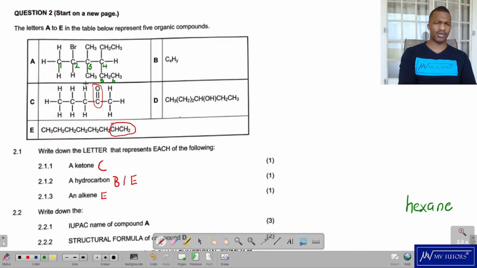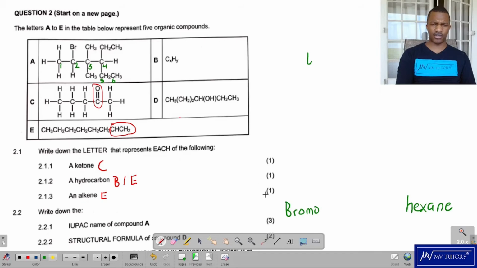So how do we do this? We must put it in alphabetical order. The first letter: we have a bromo, so B comes first, then M for methyl, and E for ethyl.